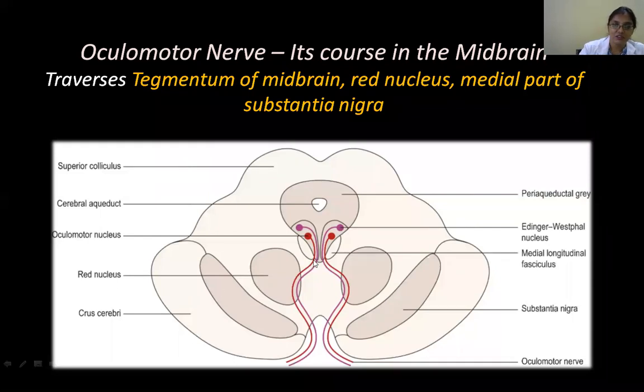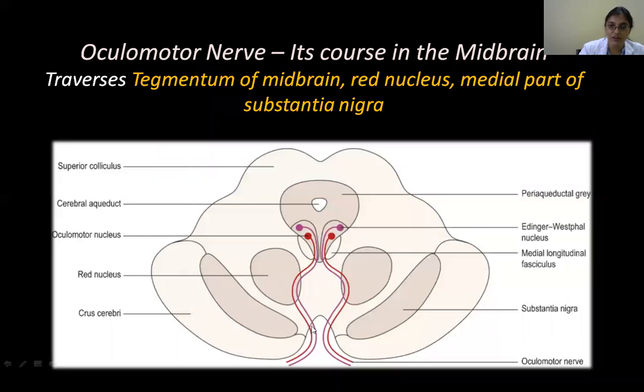Then these are crossing the tegmentum and red nucleus. So this is coursing, with a lateral convexity, like this. So you're coming here like this, going through the red nucleus, and here in the medial aspect of the substantia nigra. This is the oculomotor sulcus where you'll have the exit.